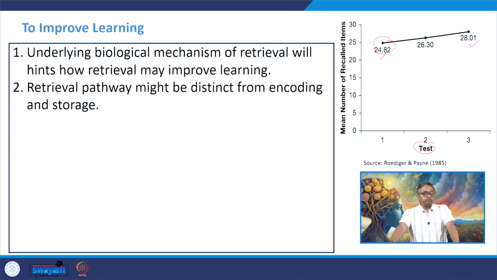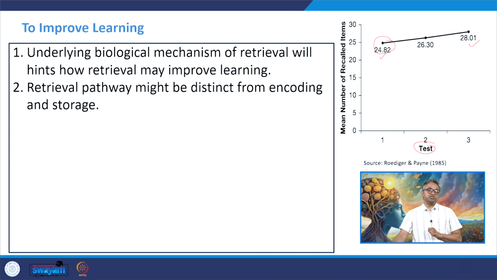One thing is very clear, that the retrieval pathway might be very distinct from the encoding and storage pathway. As we studied in the previous lecture, the encoding process and storage process are independent from each other and also independent together from the retrieval process. Encoding and storage may share some similarity in neural architecture. However, retrieval is a very distinct mechanism from the other two.